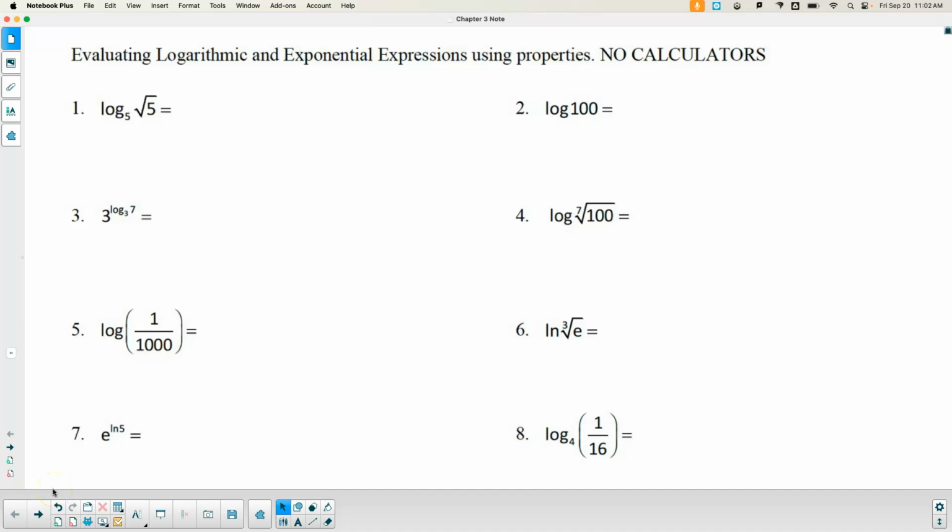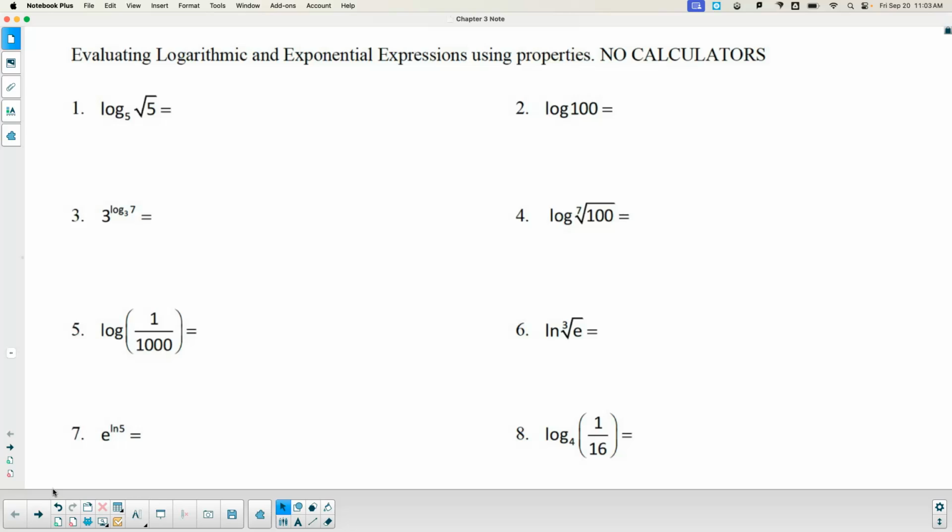So yesterday you were watching a video about logs and switching forms with logs and all that stuff. I just wanted to draw your attention to the fact that if your log and your exponential have the same base, then they just cancel each other out. Okay?